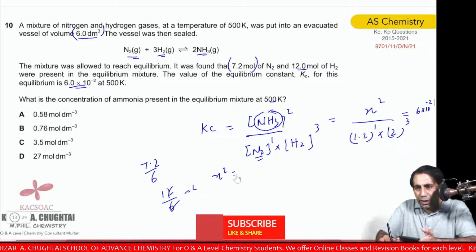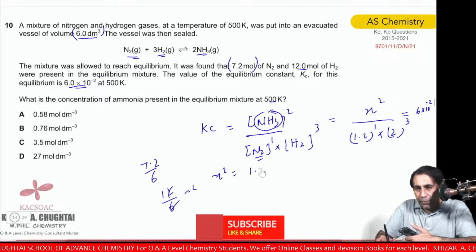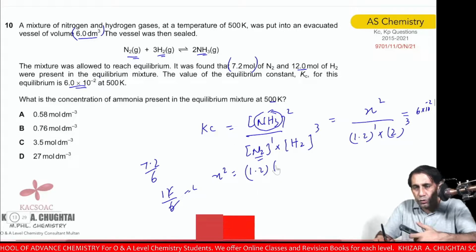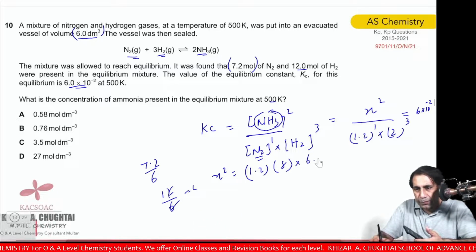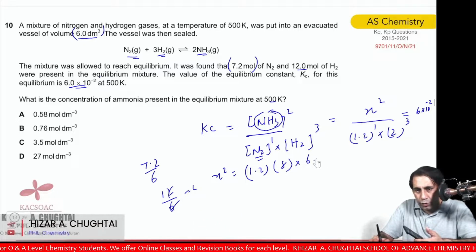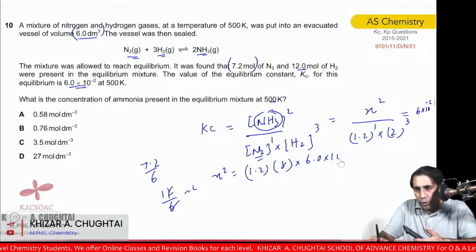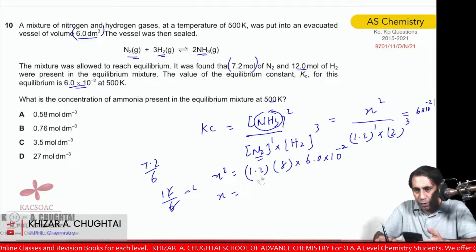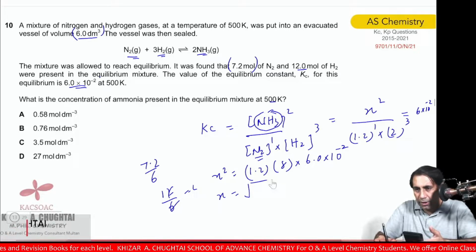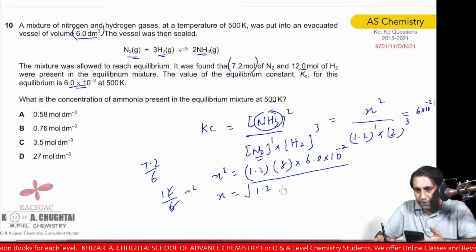So X square is equal to 1.2 into 2 raised to power 3, 8, multiplied by 6.02 into 10 raised to power minus 2. Here is the answer, and then we will take its square root. That will be equal to the exact answer.